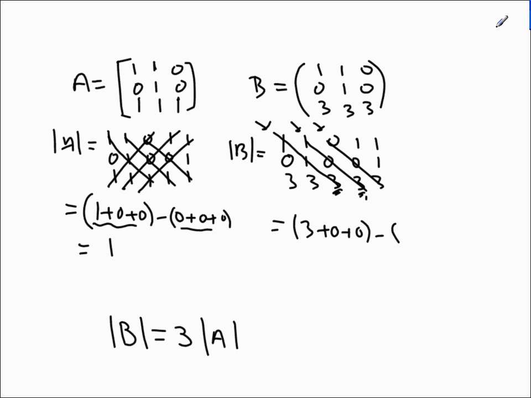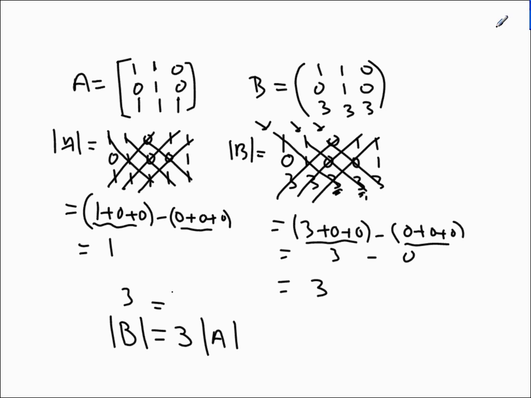And when we go the other way, it's still, instead of multiplying by 1, we're multiplying by 3. Coincidentally, one of the factors has always been 0. So we get 3 minus 0, which is 3. Okay, here, the determinant of B does equal 3 times 1, 1 being the determinant of A.